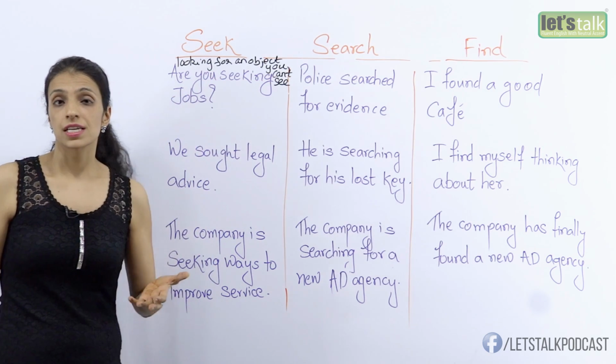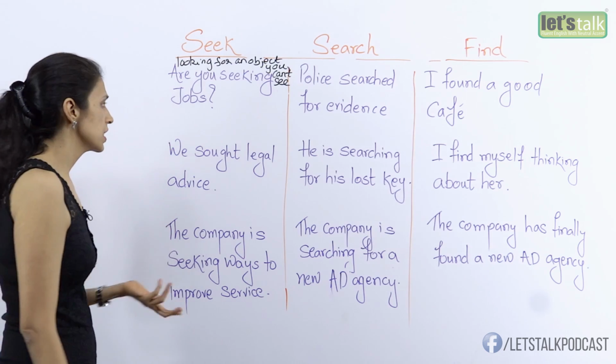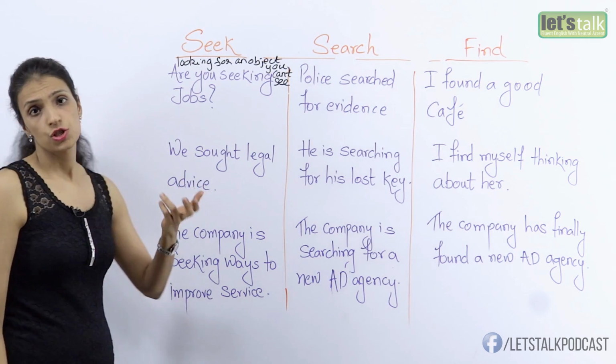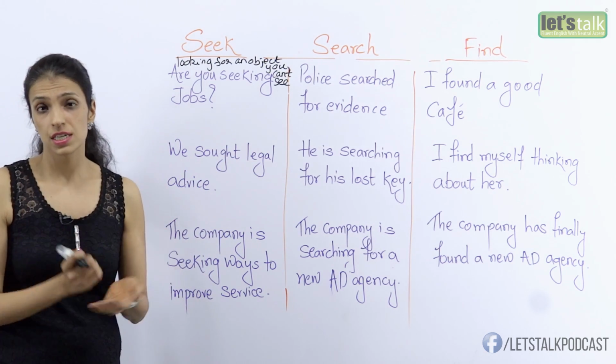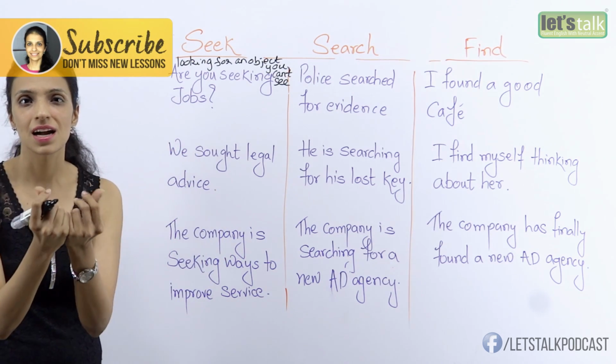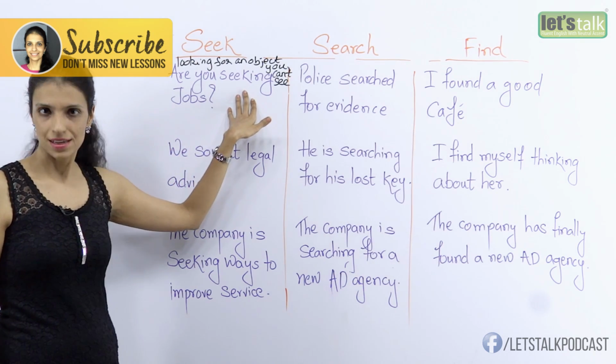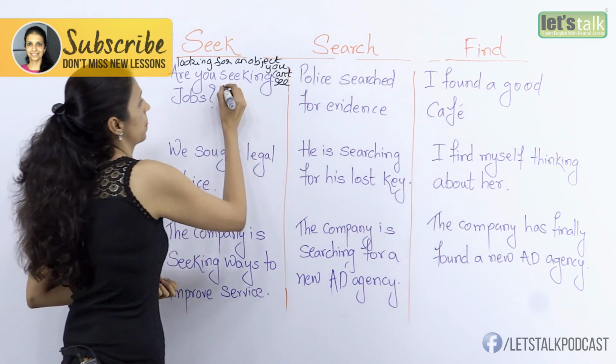In the beginning of the lesson, I asked you, are you seeking, I believe that you are seeking guidance to improving your English language skills. That means you are looking, but you cannot see guidance, you can't touch guidance, right? And so I use the word seeking, okay?